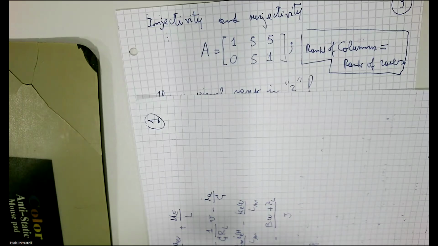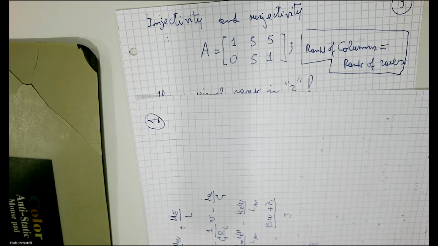Is it surjective? It's not injective, we have seen. When is the transformation surjective? When the rank equals the number of rows. Exactly. Basically, when we have independent rows.